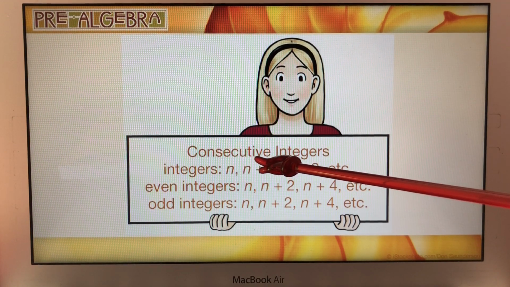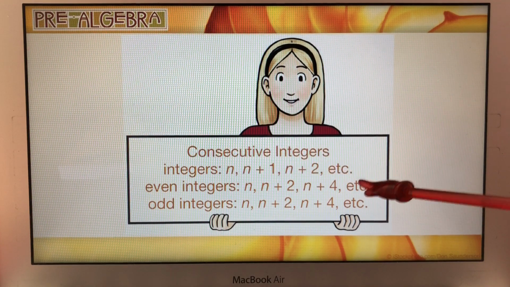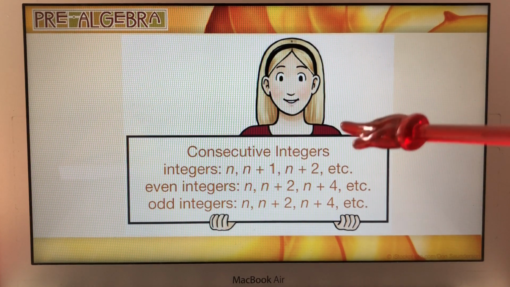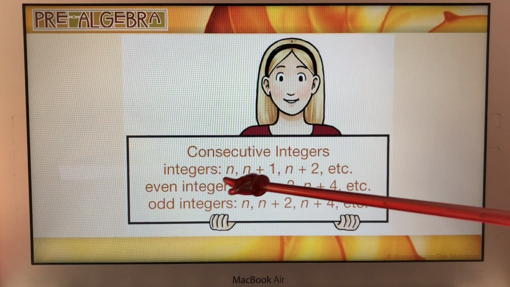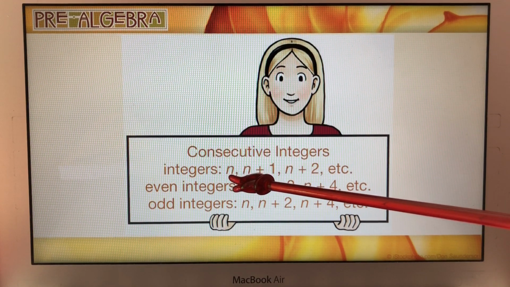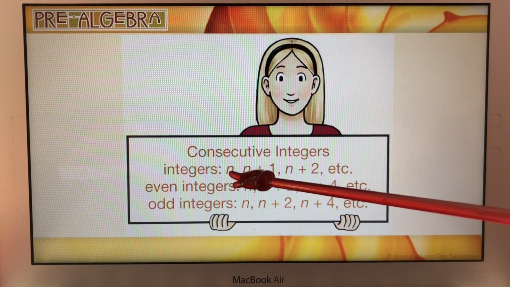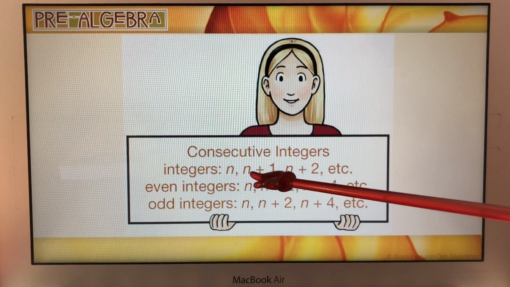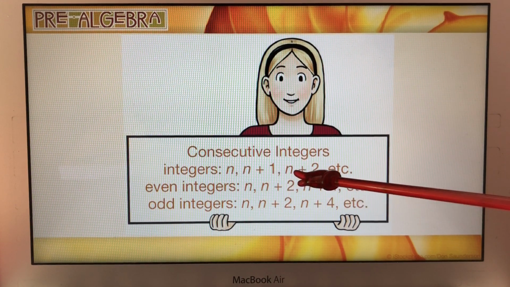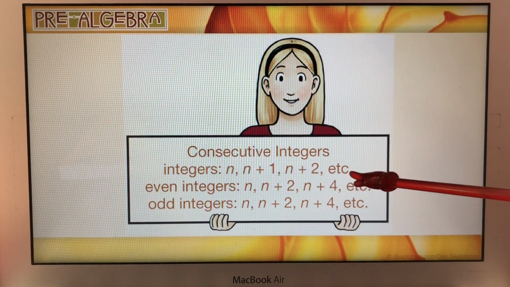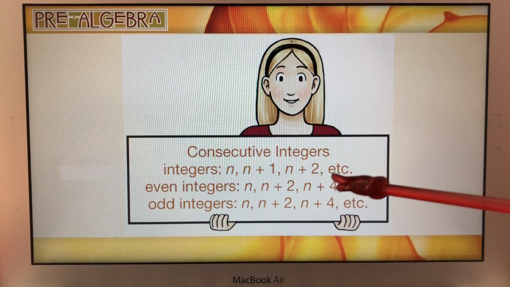Those are examples of consecutive integers. So in order to find the consecutive integers, if you say let n be the first integer, then n plus 1 would be the next one, n plus 2 would be the third one, n plus 3 would be the next one, etc.